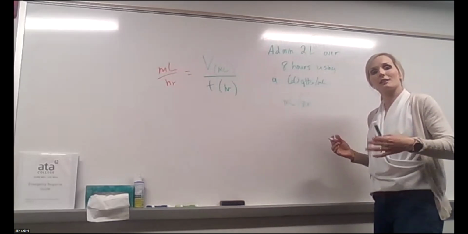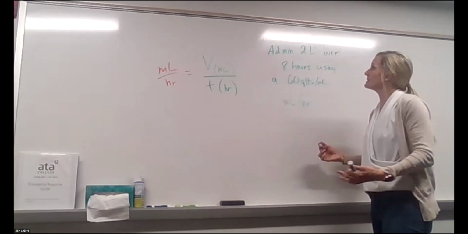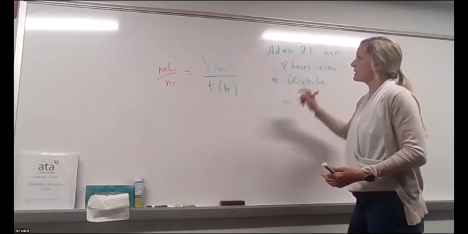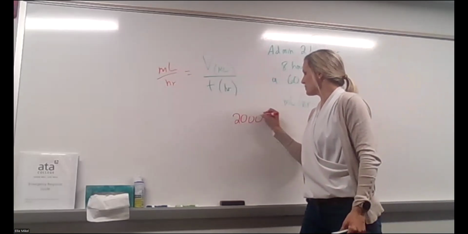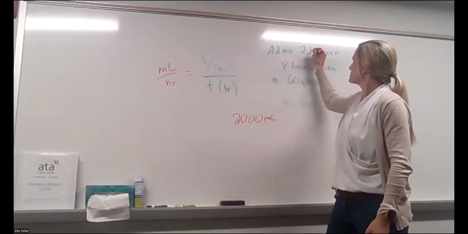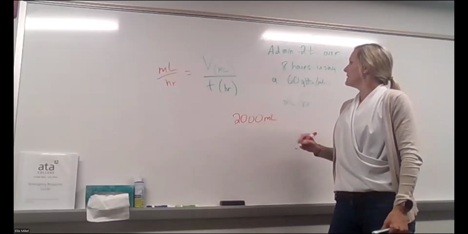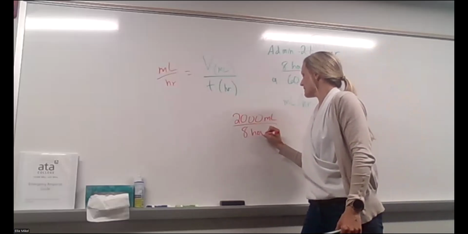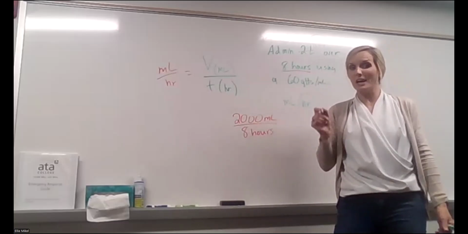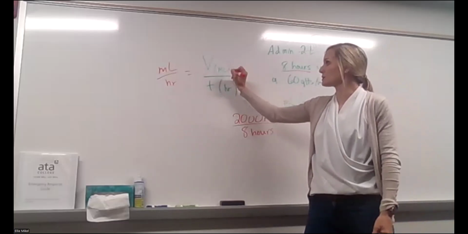I'm just calculating the milliliter per hour infusion rate, which would mean I would take my 2 liters, again, needs to be in milliliters. So I'm going to use my 2,000 milliliters, not the 2 liters. And I need my time, which is 8 hours. I'm not going to convert that to minutes because I'm calculating milliliters per hour.